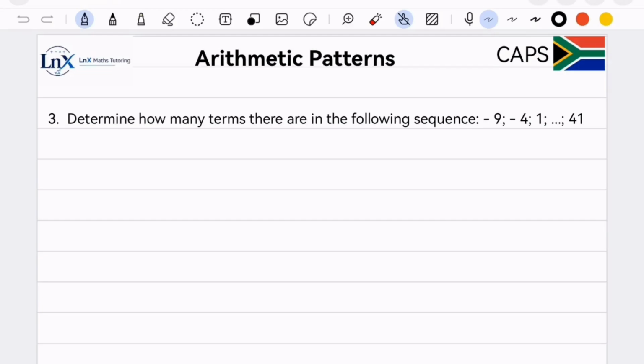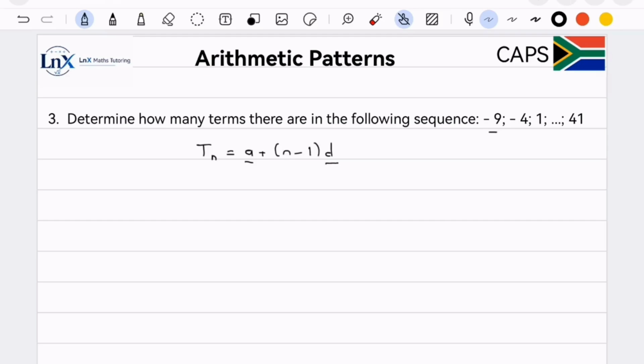So let's go back to our general term equation, which is Tn equals a plus n minus 1 multiplied by the common difference. Alright, and so we know the first term, a, which is -9, and we need to find our common difference.